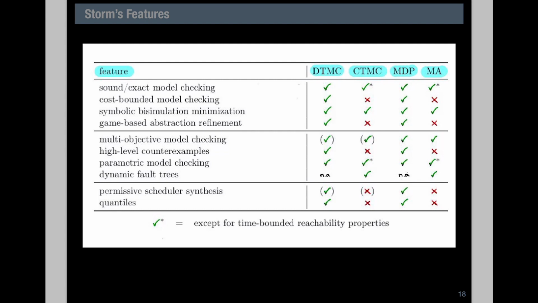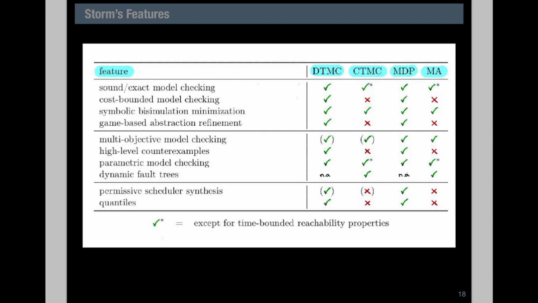We support multi-objective model checking, in particular for models like Markov decision processes, but also for Markov automata, so the continuous time version of MDPs. What is an important feature of Storm is that it also provides you with counterexamples. So in case a certain property is violated, it can provide you a counterexample. For instance, in the modeling language Prism, it will even give you a counterexample in the language itself.